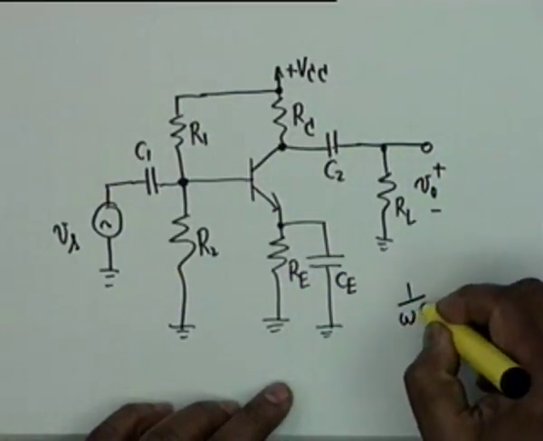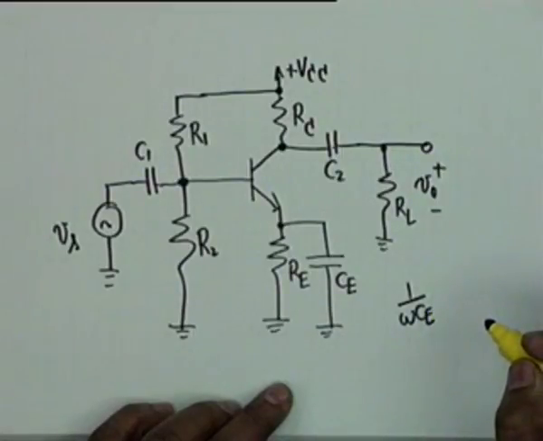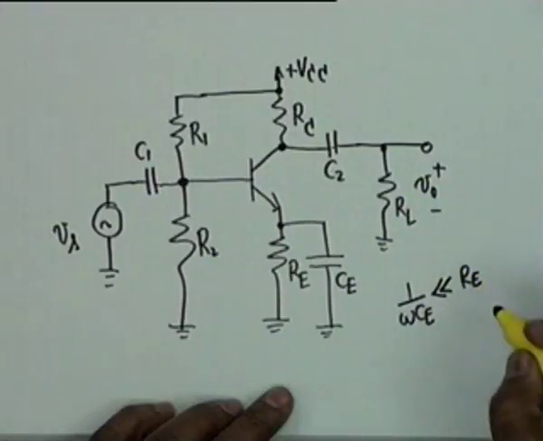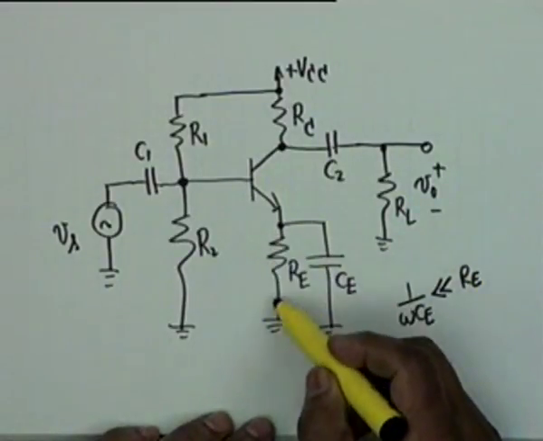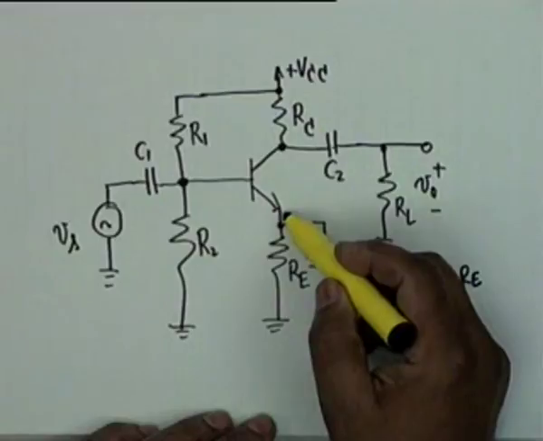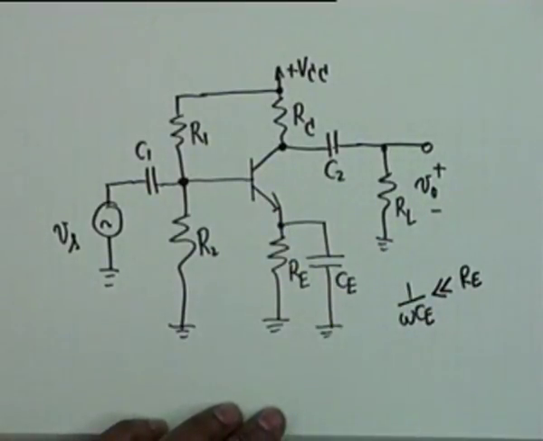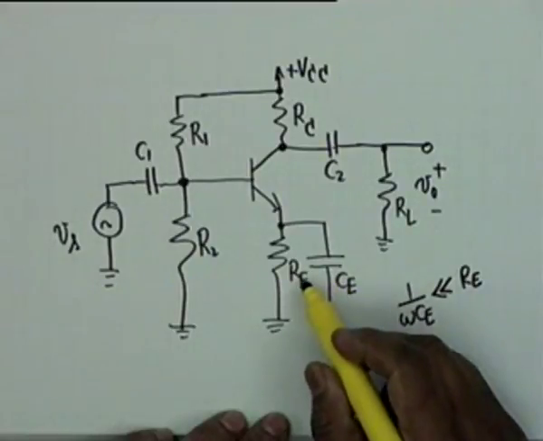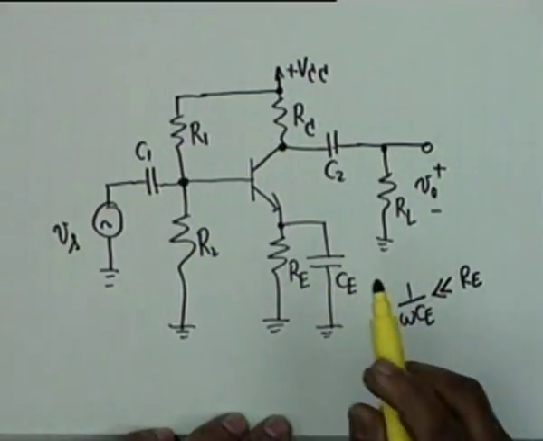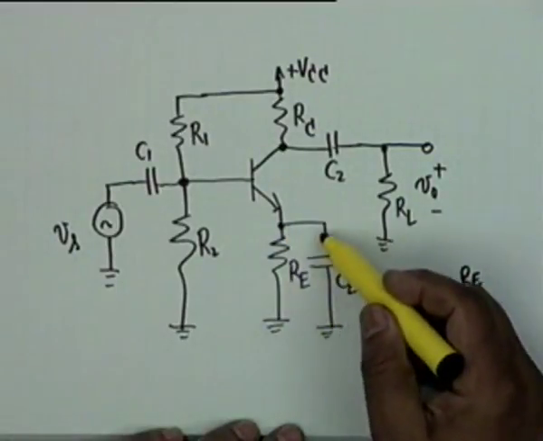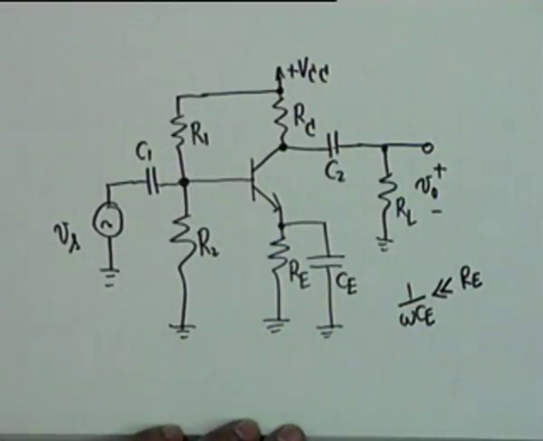If 1 by omega CE, the reactance of the capacitor, is much less than RE, then whatever AC comes from the emitter will flow through CE, not through RE. So CE is effectively an emitter short circuit to RE. It is also called a bypass capacitor, that is, AC does not flow through RE, it flows to the bypass.